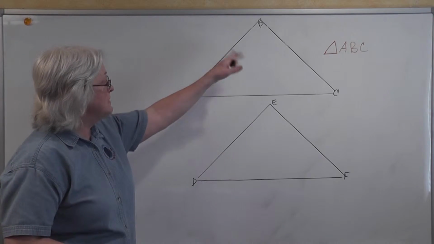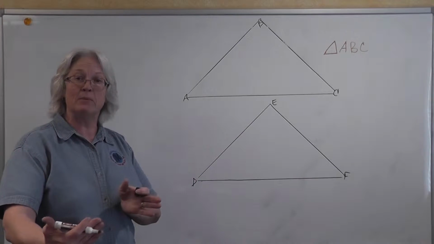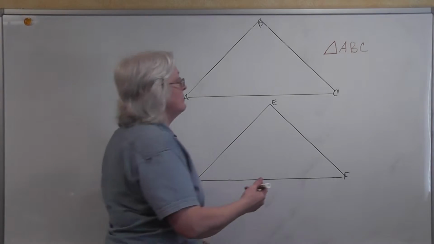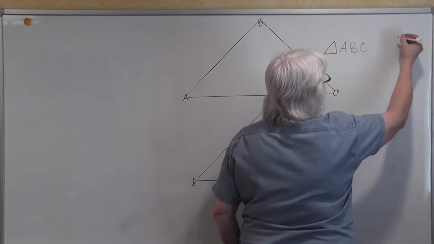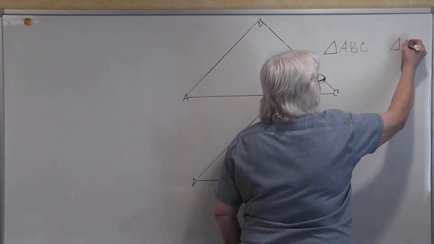We could say BCA, CAB, CBA, but typically when you're labeling things in algebra, you're going to use them in alphabetical order. So we have triangle DEF.